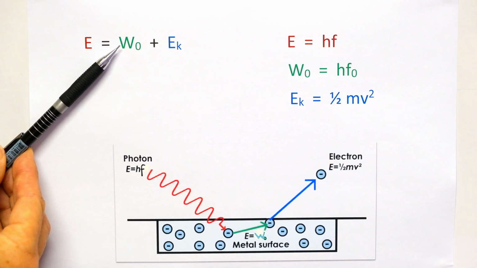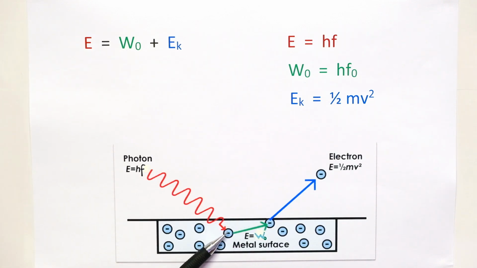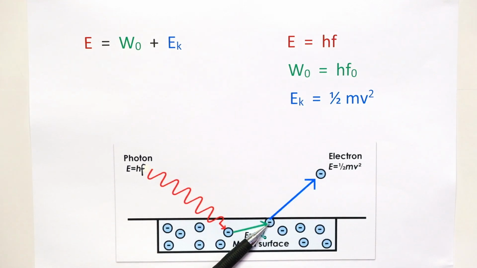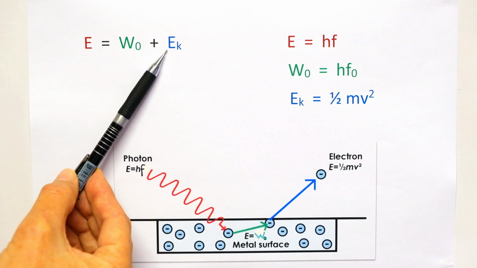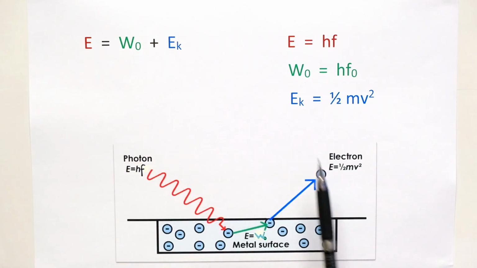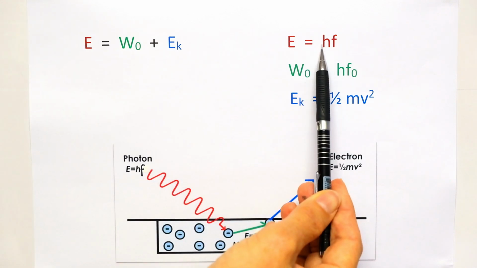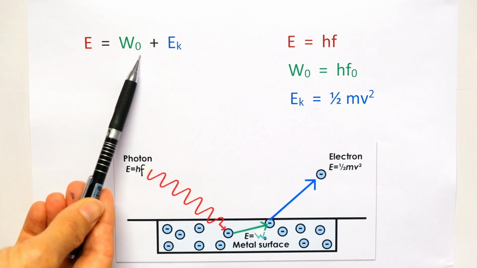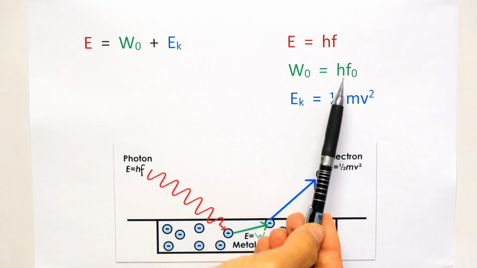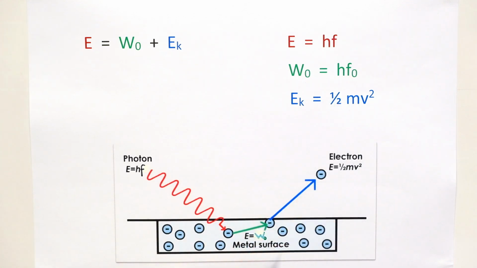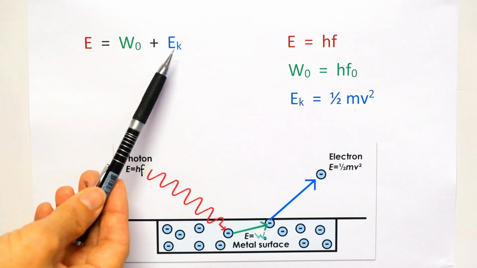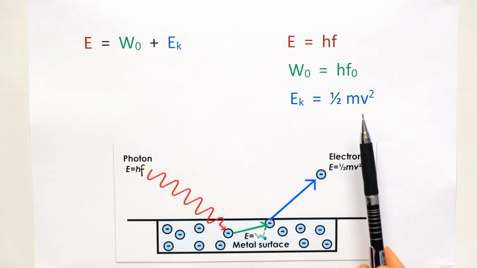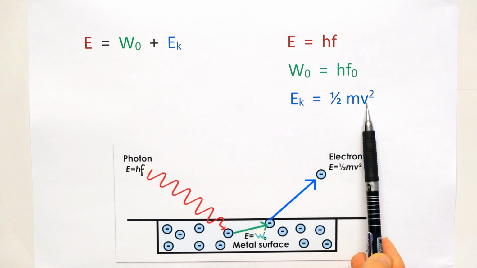The work function, W0, is the amount of energy needed to get the electron from within the metal to the surface, and then if there's any energy remaining, that will be the kinetic energy with which the electron moves away from our metal surface. E is calculated by Planck's constant times the frequency of your incident light. There it is. W0 is your work function, which is calculated by Planck's constant times the threshold frequency of the metal. And Ek is the normal equation for calculating kinetic energy, half mv squared.